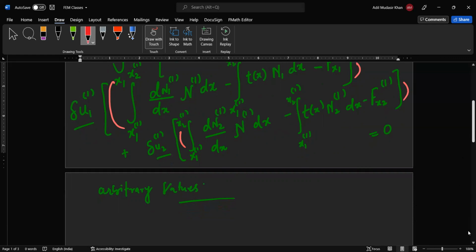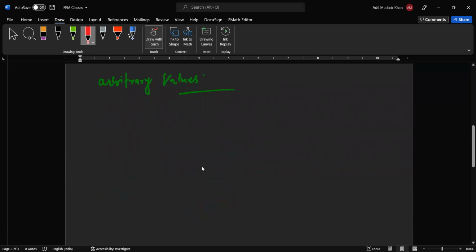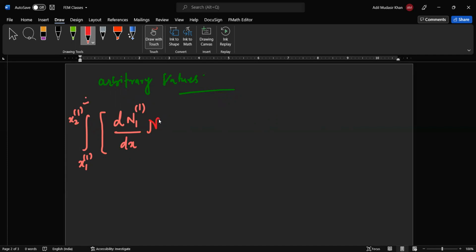Okay, so as we write the values here, we'll be writing therefore the integral going from x1 to x2. These equations have a very complicated type of representation, but the illustration is very simple: dn1 by dx eta 1 dx.